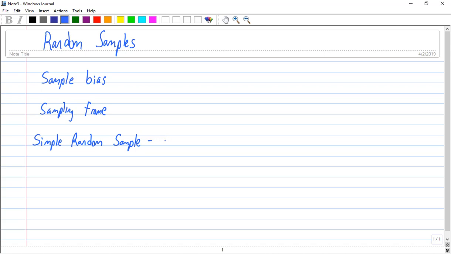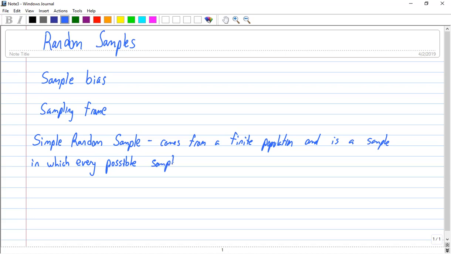So this comes from a finite population and is a sample in which every possible sample of size n has the same probability of being selected.